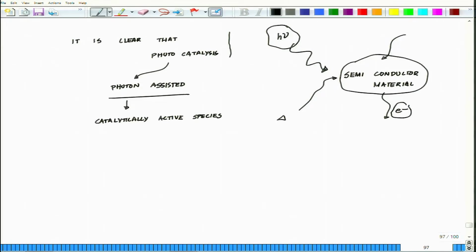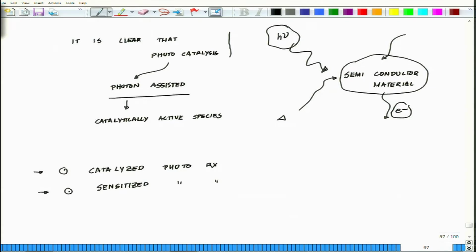So, there are two concepts, catalyzed photoreaction and sensitized photoreaction. If you wanted to go in depth, these are the terminologies you have to understand. These are the two concepts when we talk about these kind of materials.